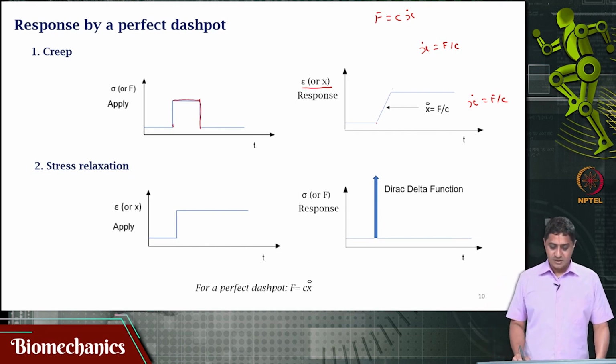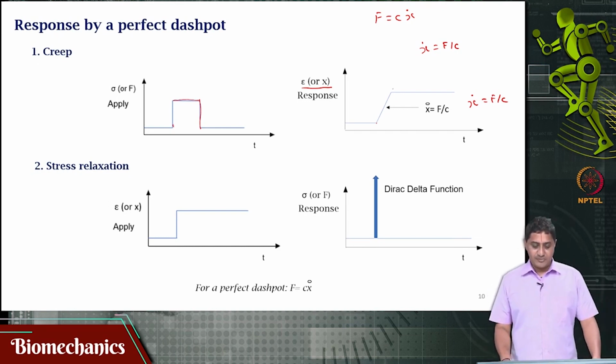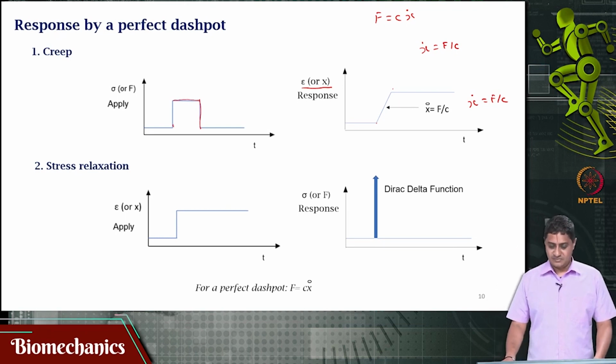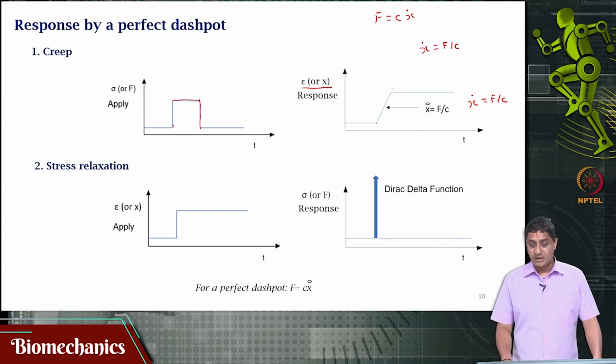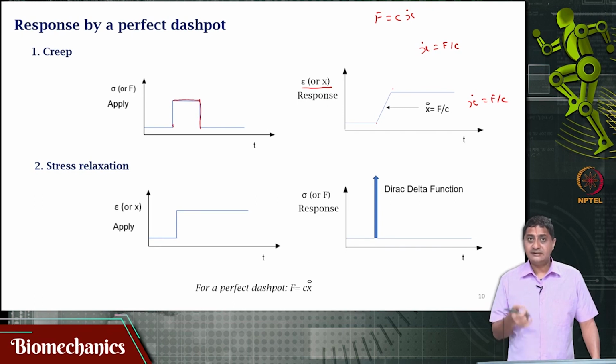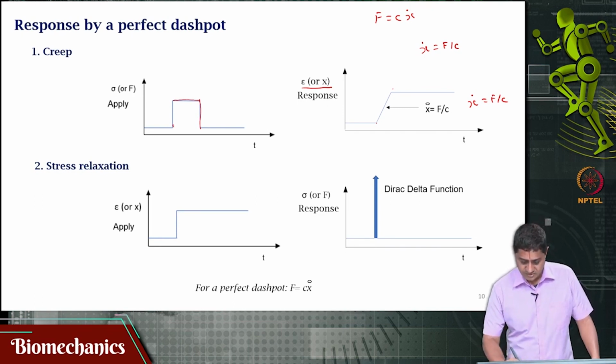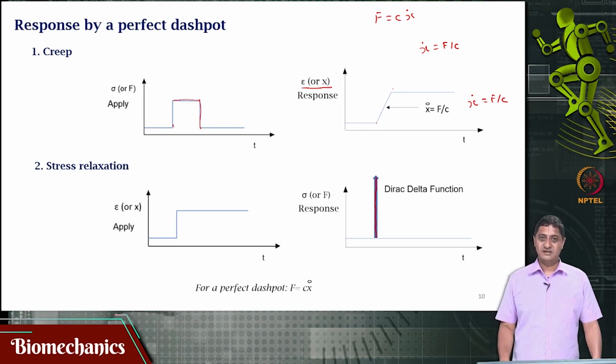Right. And if I apply a strain, that is x, what would be the force that will be felt? Because that will be a derivative, that has to happen immediately or in time 0, which is going to be this Dirac delta function, right.